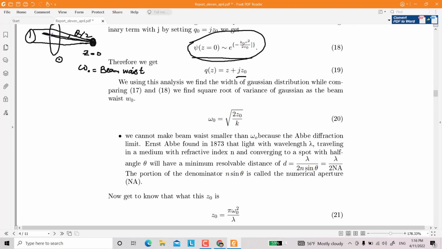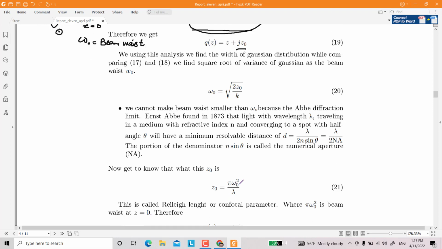So fine. The minimum possible radius that a beam can get is called the beam waist, which occurs at z equal to 0. Now that we have learned what omega naught and z naught are, we can write z naught in terms of omega naught.